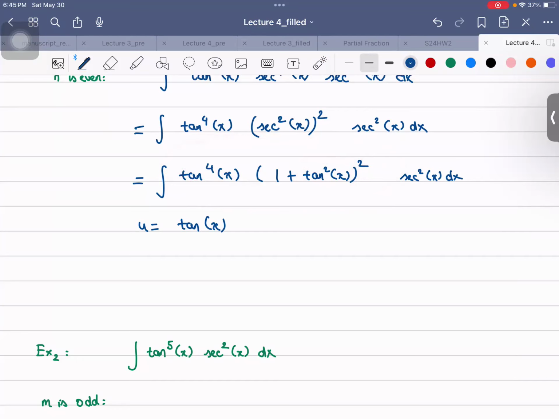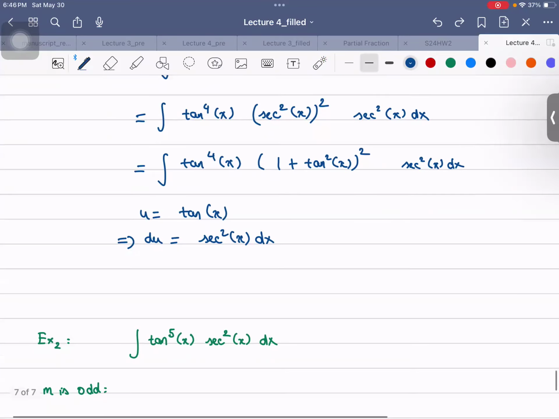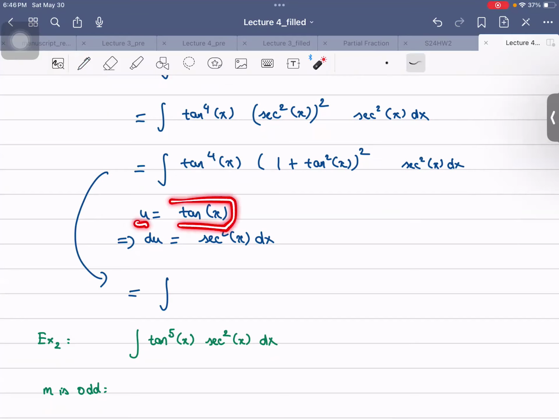When I set u equal to tangent of x, that means du is secant square of x dx, which is up here. Now we can rewrite the integral in terms of u. So u is tangent of x, so tangent to the power of 4 will be u to the power of 4.